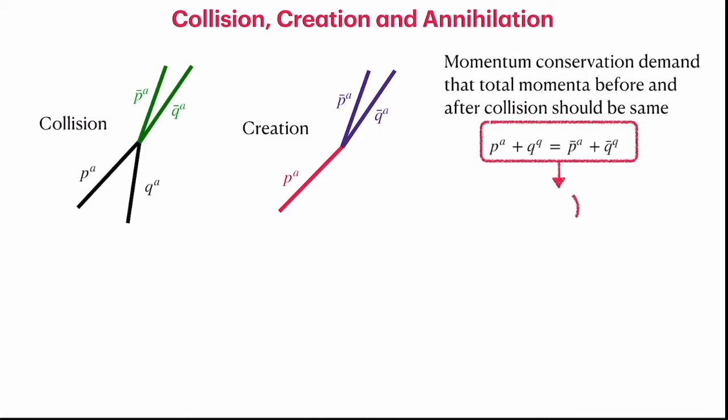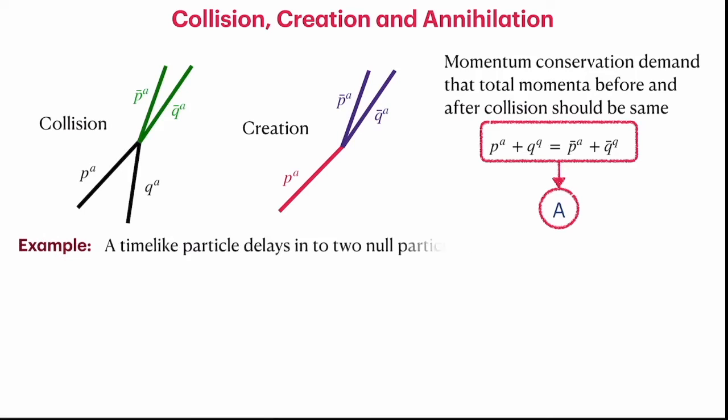That is, the total momentum before the collision is given by P^A plus Q^A, and the total momentum after the collision is given by P bar^A and Q bar^A. So this momentum balance equation is more fundamental equation in all these studies. Let's take an example.